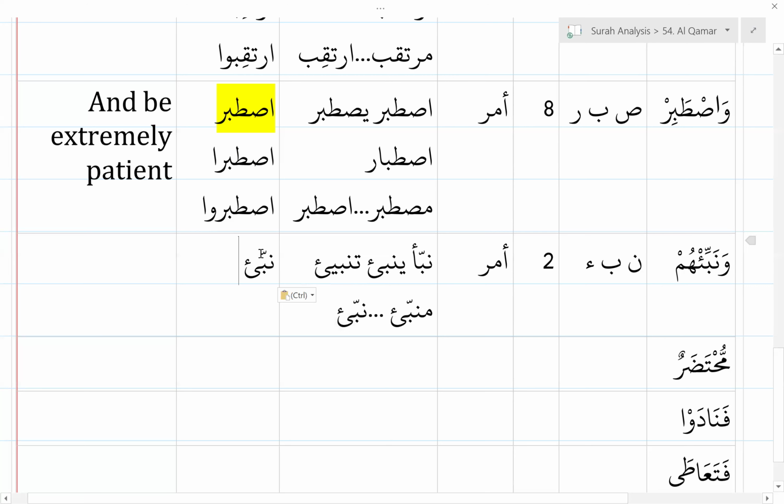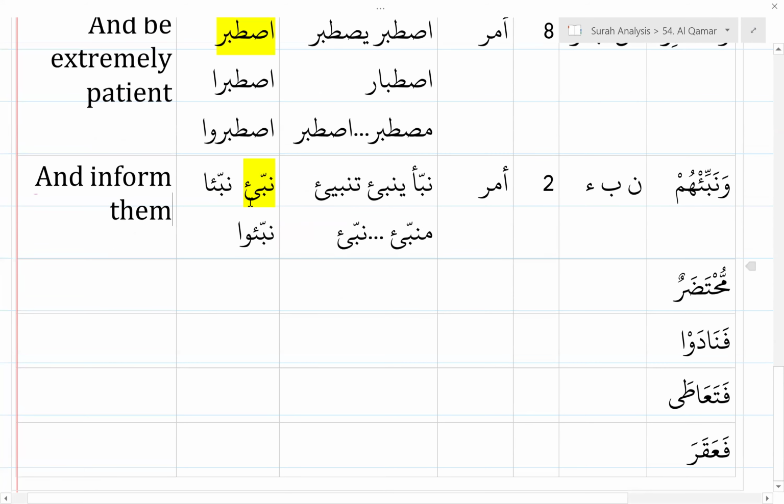So nabbi', nabbi'a, nabbi'u. And then this is going to be وَنَبِّئْهُمْ, and to inform, and inform them. Or give them the news. Or yeah, inform them is fine. Tell them, inform them.